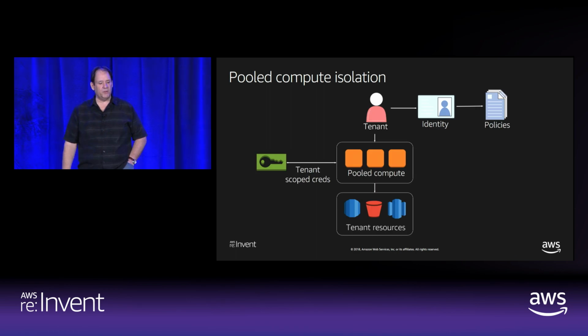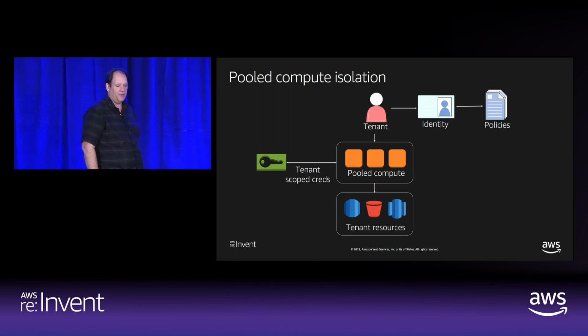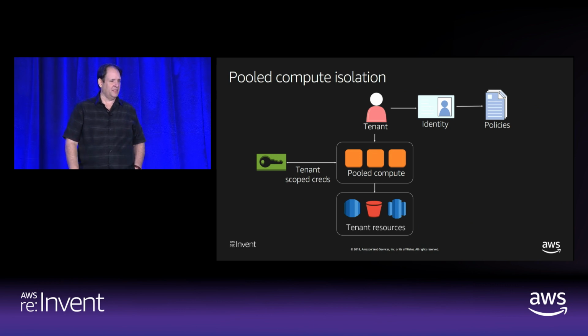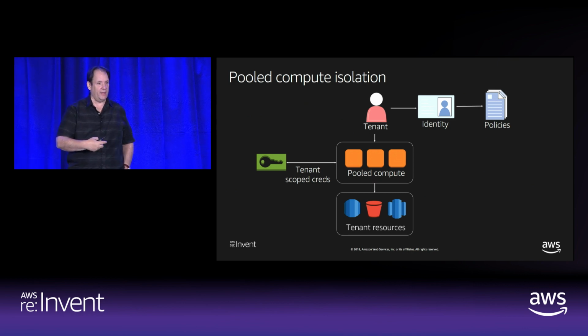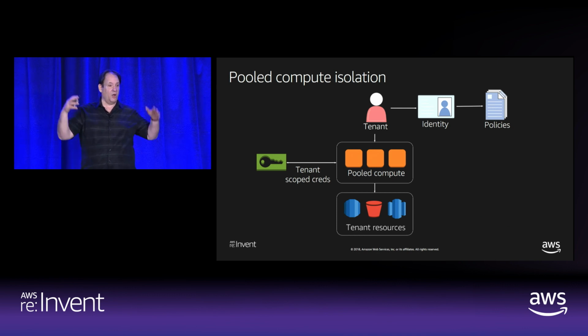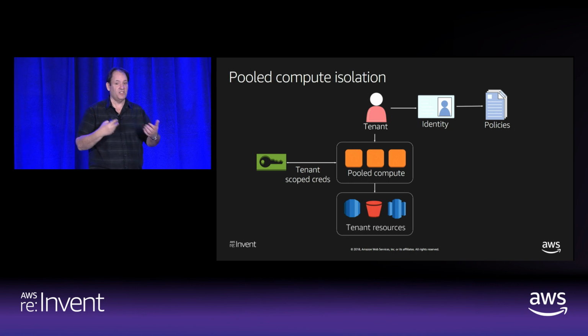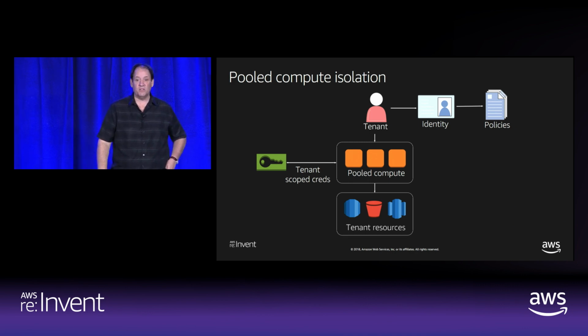So, pooled compute isolation. My story around this one is what I would call runtime acquired context. If I log in and I get an identity, I have a role, here's the things I can access, here's who I am as a tenant. Now I'm going to go into this pooled compute area where my services are running and all the tenants are running in these shared pooled resources.